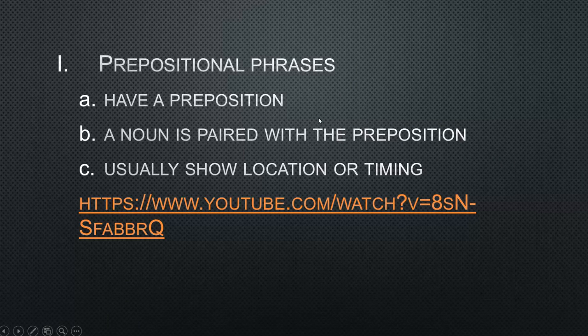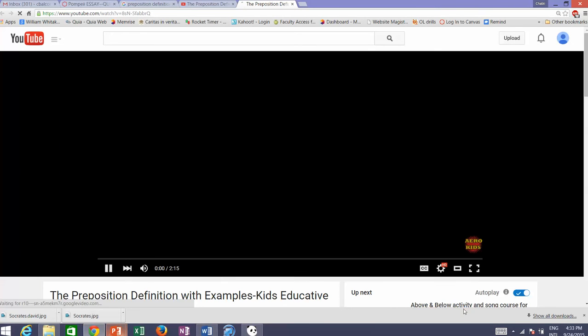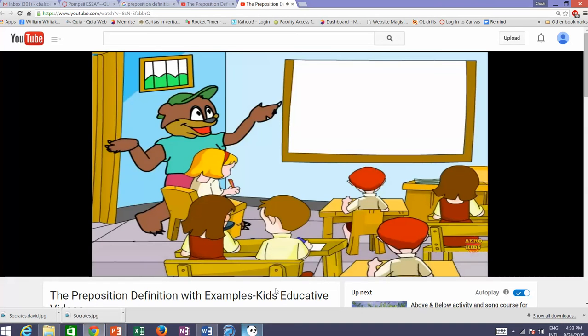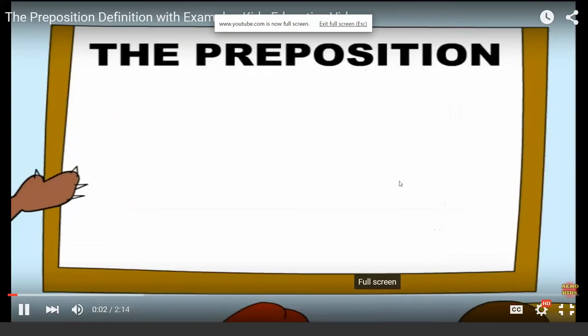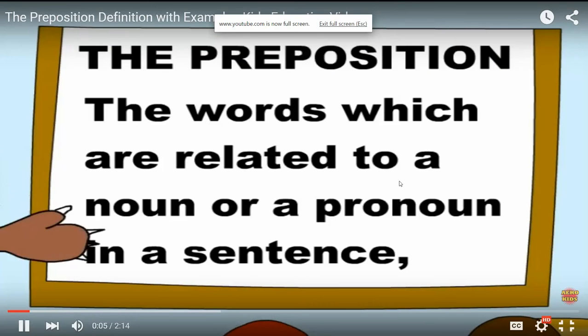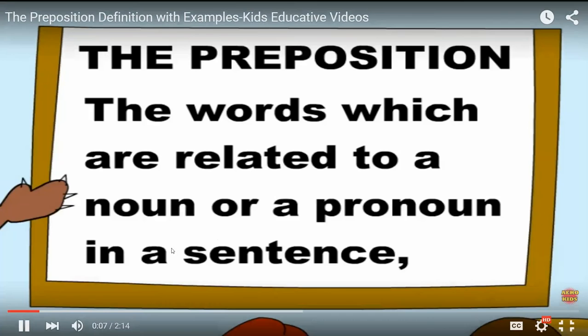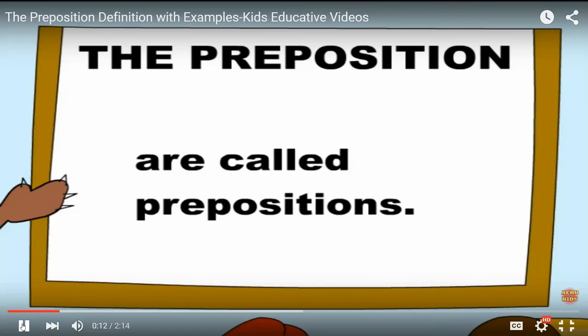Prepositional phrases. Well, first, prepositional phrases have a preposition. A noun is paired with the preposition, and they usually show the location or timing of something. Let's see what prepositions are. The words which are related to a noun or a pronoun in a sentence are called prepositions.